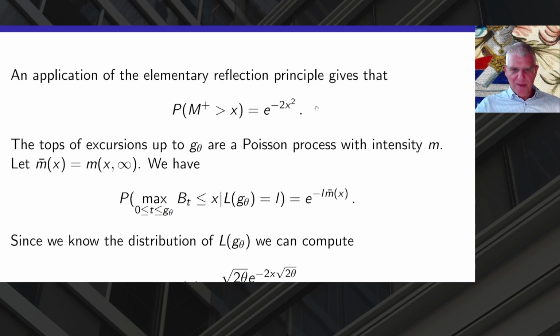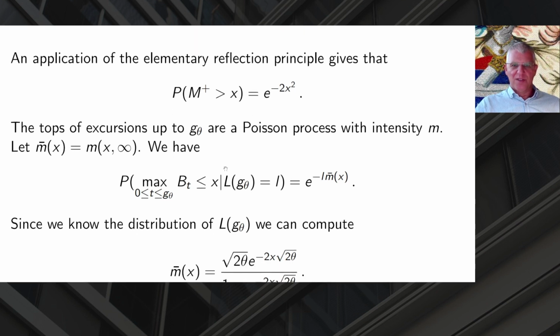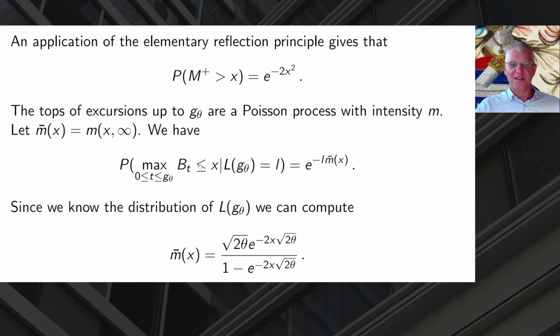one-sided maximum. But what we know now is that if we multiply this random variable by the square root of this g theta, we get this maximum. But this maximum, again, you can use this result, and the fact about Poisson processes is that conditionally on the local time, the maximum of this Brownian motion is the maximum of a Poisson process.